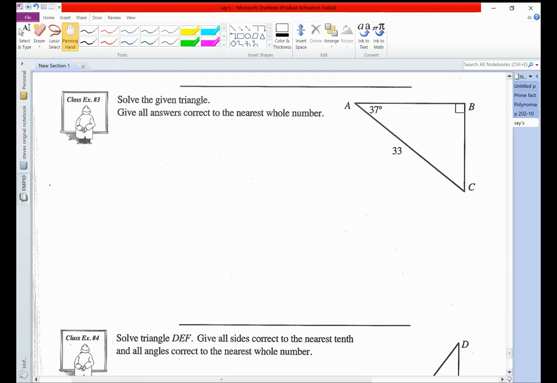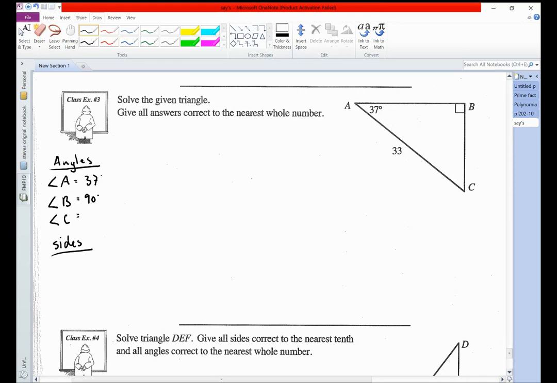Let's solve the given triangle, give all answers correct to the nearest whole number. Well, first thing I want to do is just write down, here are my angles. So I have angle A. So this little sign means angle A, angle B, and angle C. So I know angle B is 90 degrees, angle A is 37 degrees.